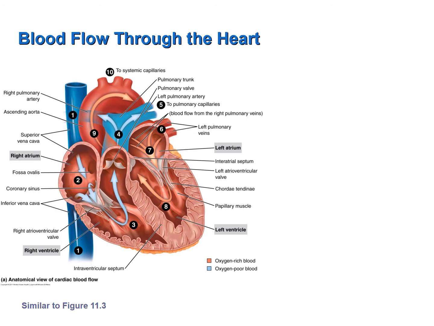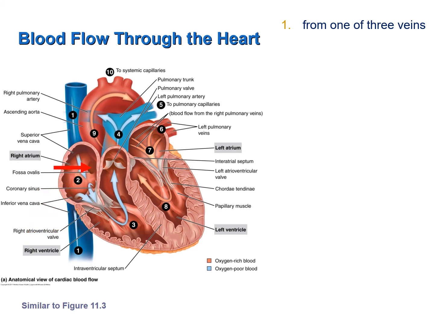So deoxygenated blood returns to the right atrium through one of three veins. The superior vena cava brings deoxygenated blood from the systemic circuit superior to the heart. The inferior vena cava returns deoxygenated blood to the heart from the systemic circulation below, or inferior to, the heart.